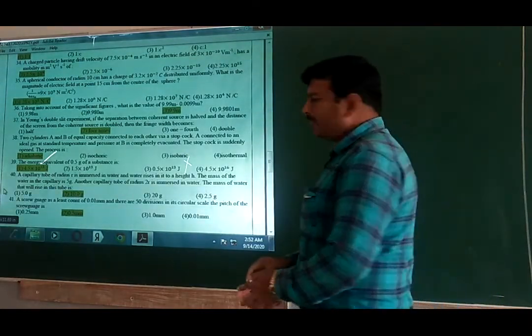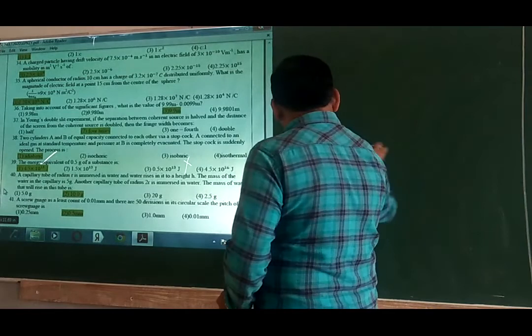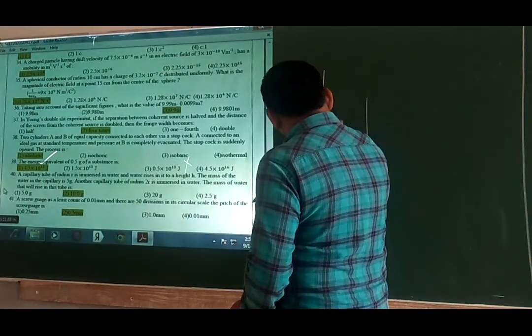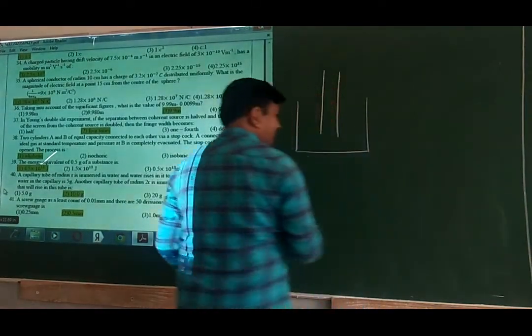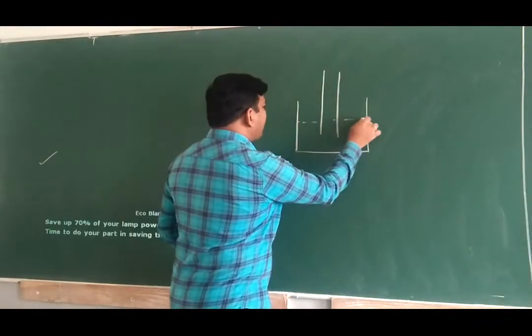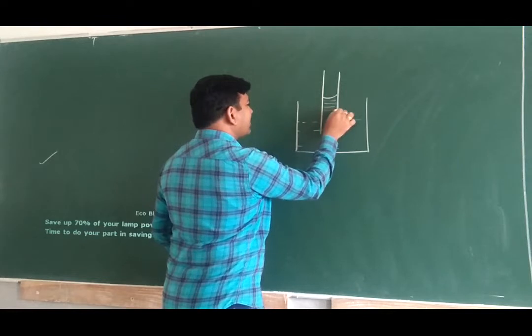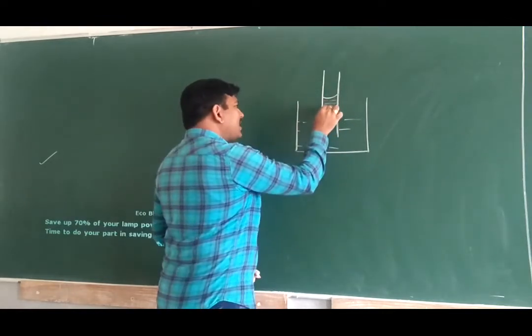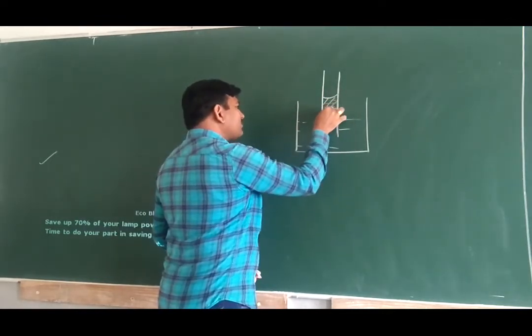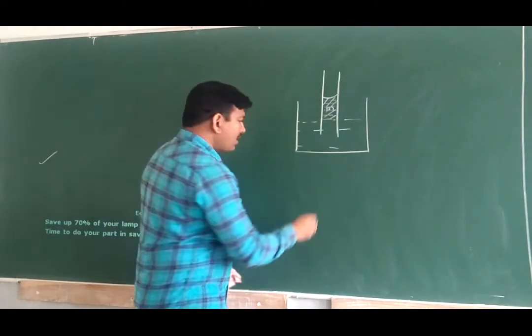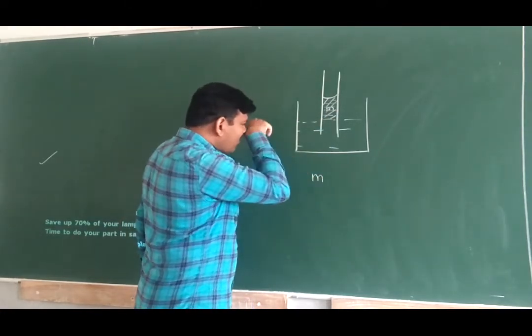Look here once. If this is the water container and inside this a capillary tube is fixed, now what happens by capillary action? The water will rise. The mass of this part of water I want to calculate. M is nothing but what?